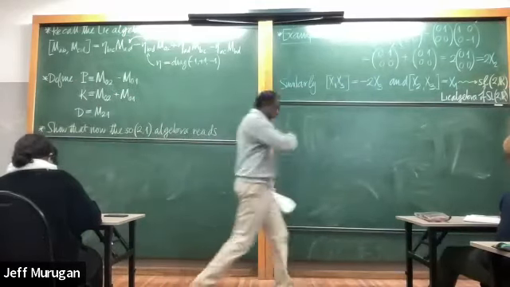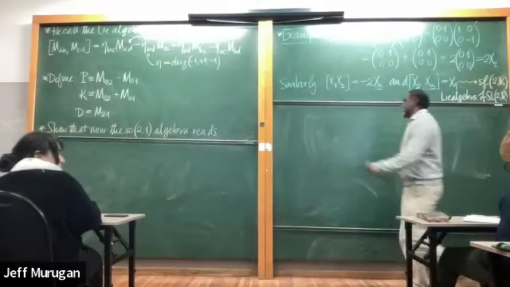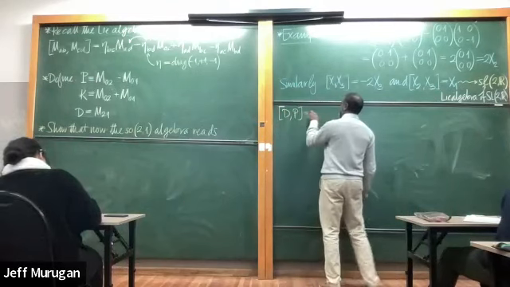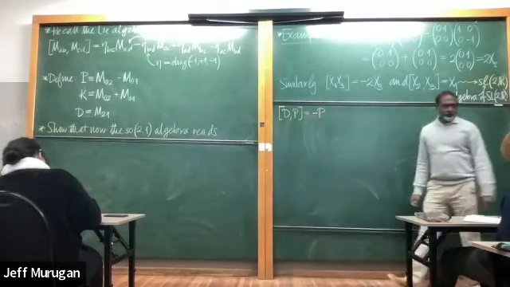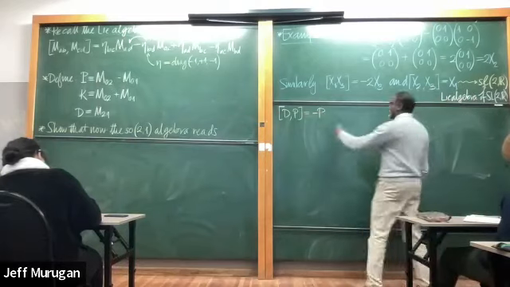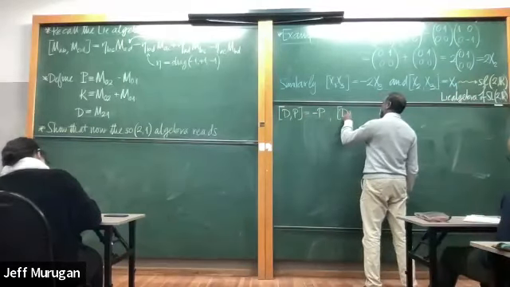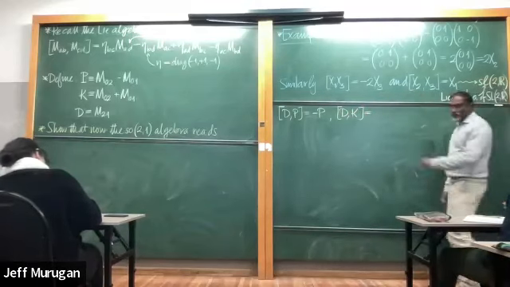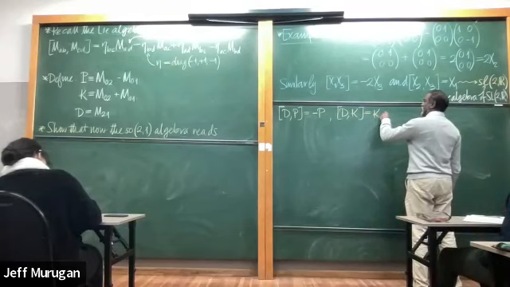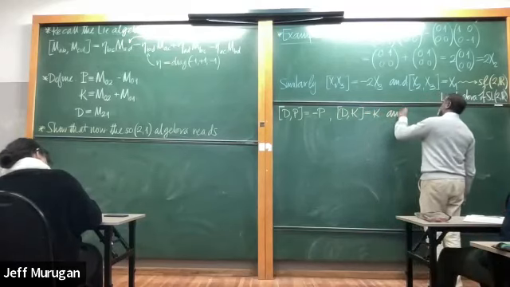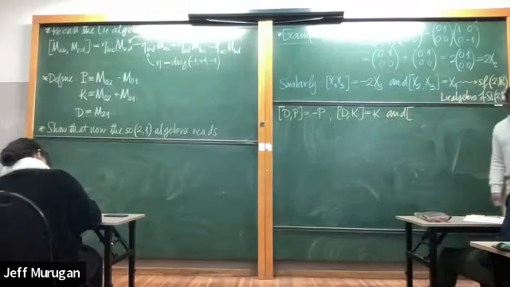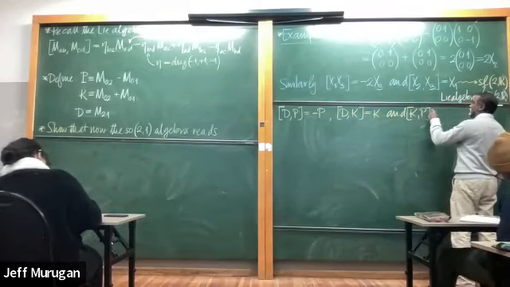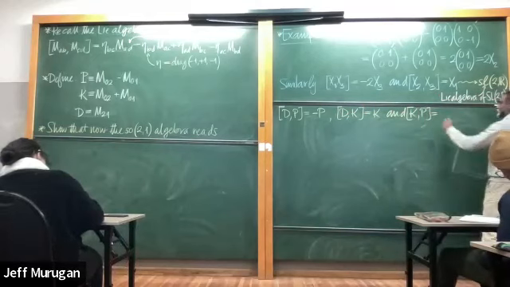If I calculate the commutator between D and P, I get minus P. If I calculate the commutator between D and K, I get K. The only other non-vanishing commutator is between K and P, which comes out to be 2D.